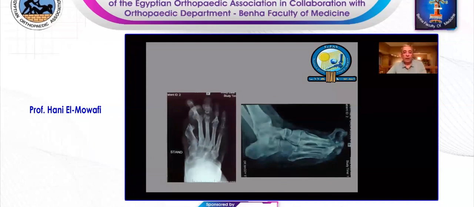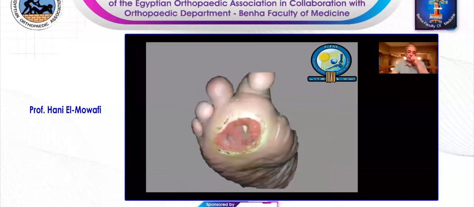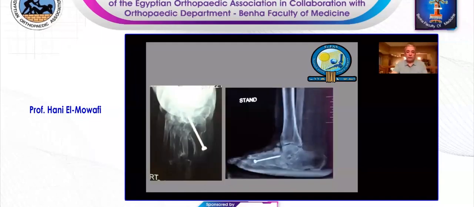If we analyze the X-ray and the patient, we find the second toe is dislocated, the first metatarsal angle is slightly increased, and the joint line between the medial cuneiform and the first metatarsal is slightly oblique. So we did just an excisional arthroplasty for the second toe, and we also did a Lapidus operation with just one screw.